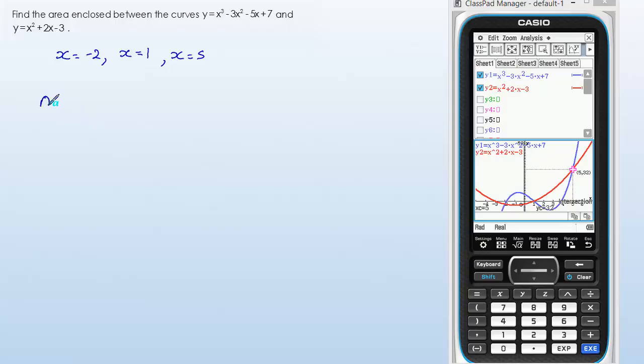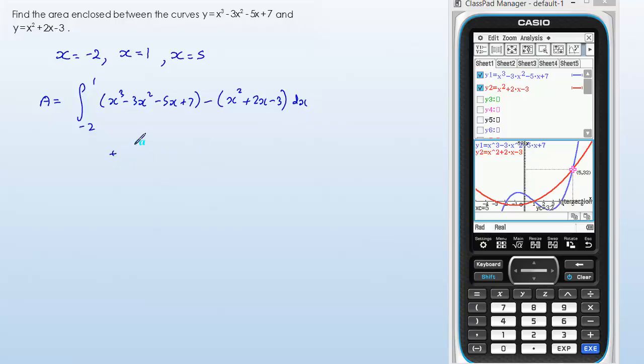So if we want the total area, then from negative 2 to 1, we do the top function, which is the x cubed minus 3x squared minus 5x plus 7, take away the bottom function, like so.